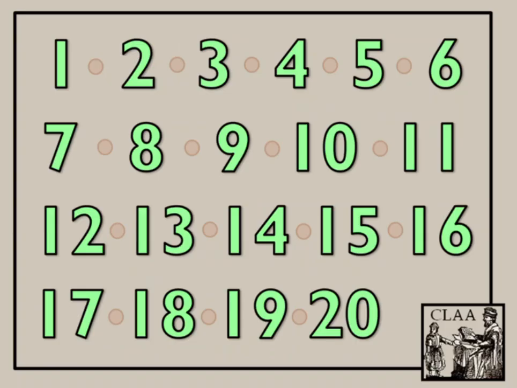Let's review all of the numbers we've learned so far. Point to the numbers and count them with me. 1, 2, 3, 4, 5, 6, 7, 8, 9, 10, 11, 12, 13, 14, 15, 16, 17, 18, 19, and 20.